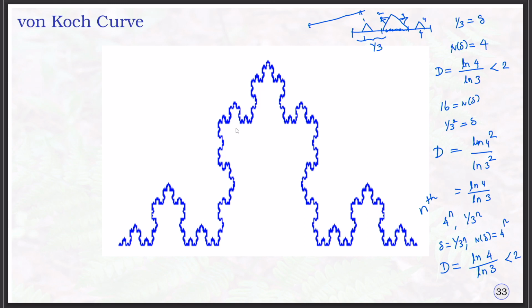Similarly, this Van-Koch curve, like the Sierpinski triangle, is also embedded in R power 2. Then, as we already know, this has a box counting dimension 2, and the dimension of the Van-Koch curve we obtained as ln 4 by ln 3, which is less than the embedding space box counting dimension, R power 2, equal to 2.